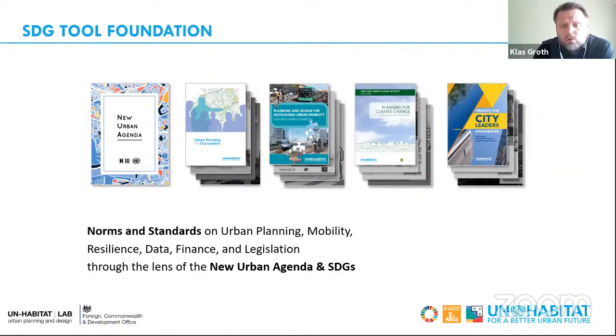In developing the tool, which now is being piloted within the Future Cities program, UN Habitat made use of a wide range of norms and standards on urban planning, mobility, urban resilience, data, finance, and legislation. And this data, this information, this knowledge was then filtered through the Sustainable Development Goals and the New Urban Agenda.